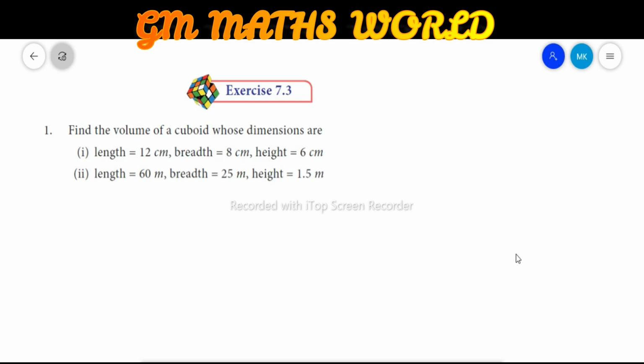Now we will solve the exercise and find the volume of a cuboid whose dimensions are length. Here the first sum we have to solve, given that length equal to 12 centimeter, breadth equal to 8 centimeter, and height equal to 6 centimeter.